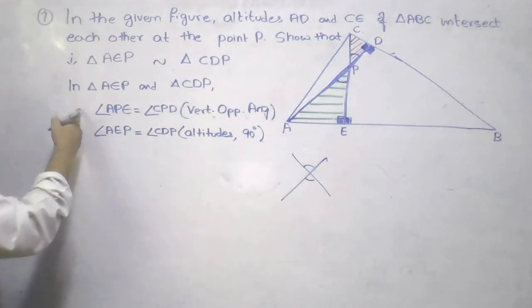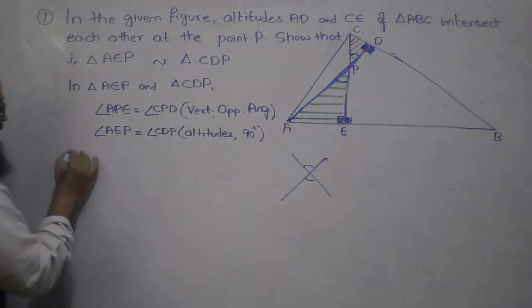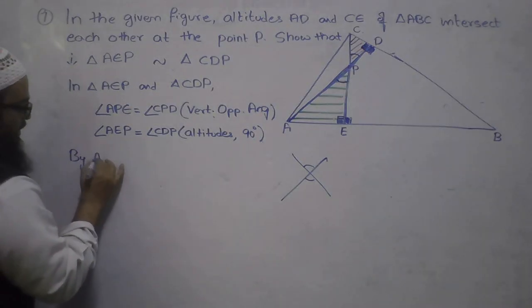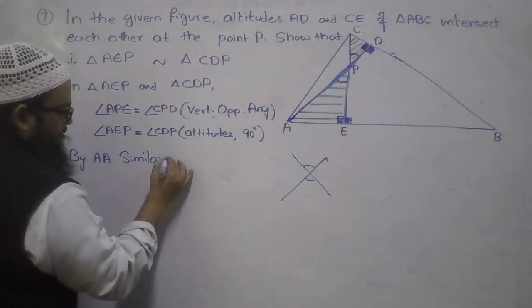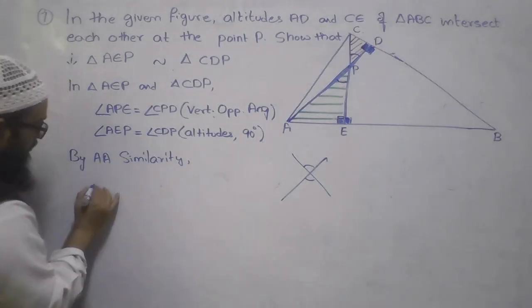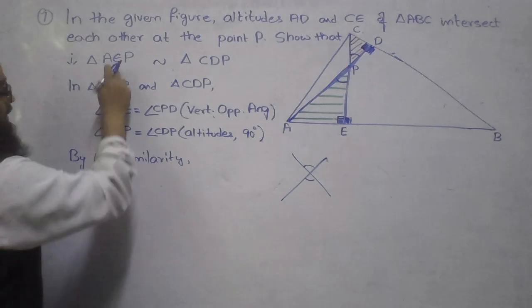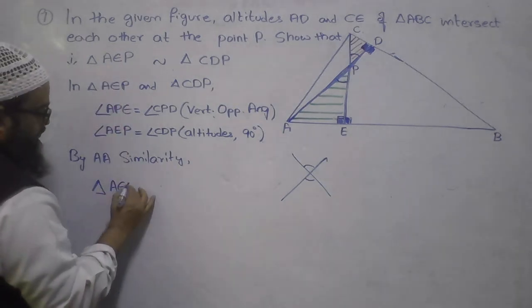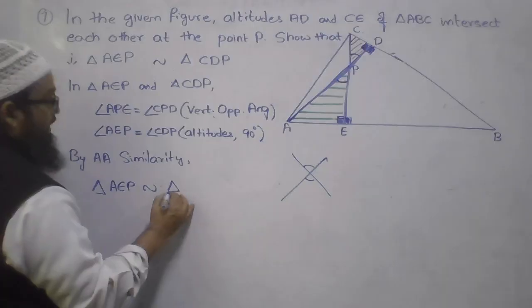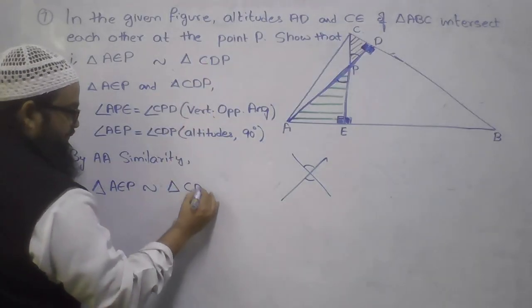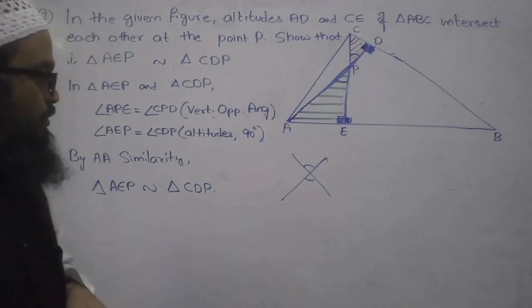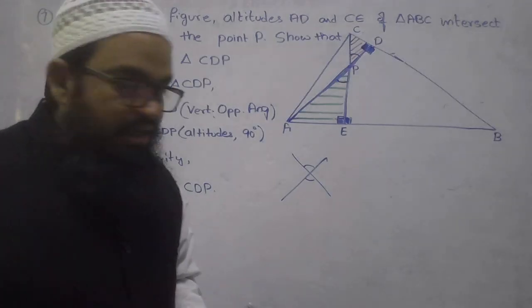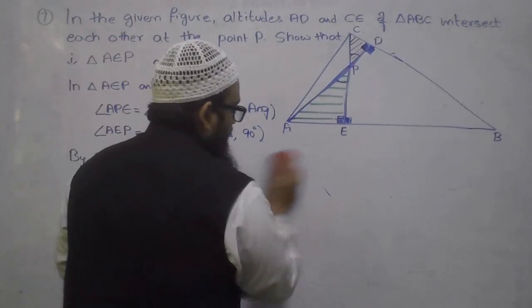So since two angles are equal, by the angle similarity criterion, triangle AEP is similar to triangle CDP. Can I prove it? Understood, my dear students? So, since I have done this, I will go for the next one also.